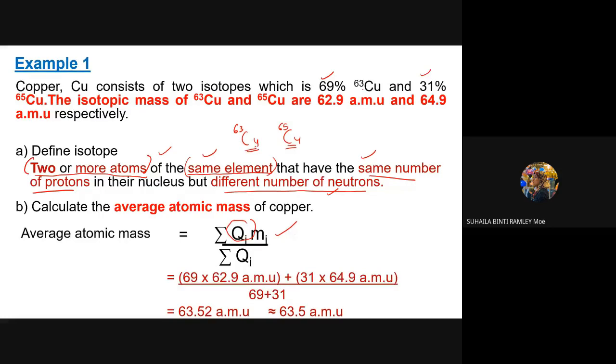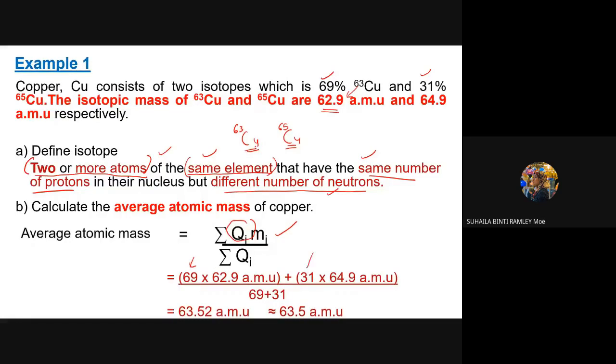We have 2 isotopes, so we will have 2 sets of k m. The first set is 69 and the 63 isotope. For copper 63, they give you the exact mass 62.9, so 69% times 62.9 amu.